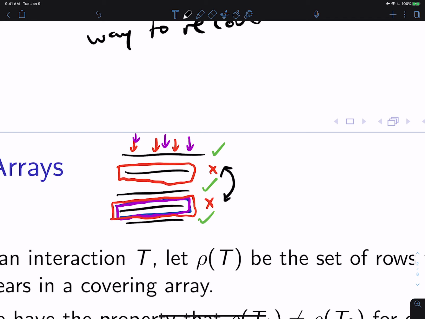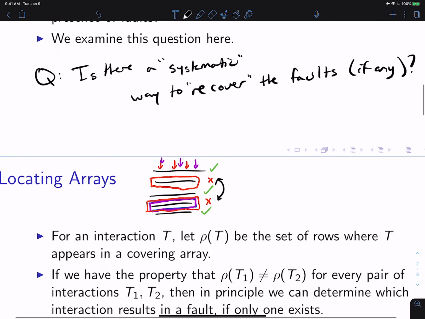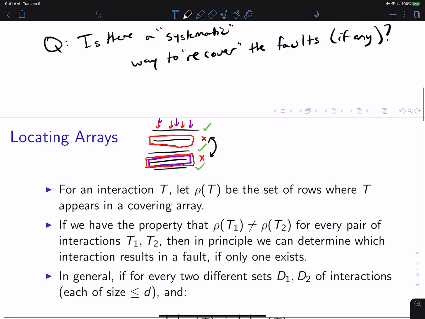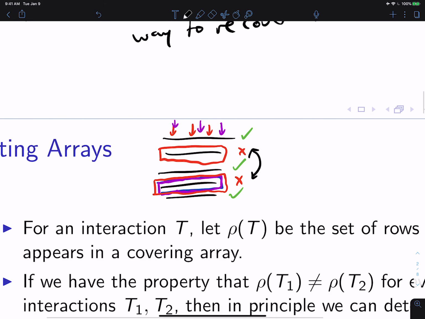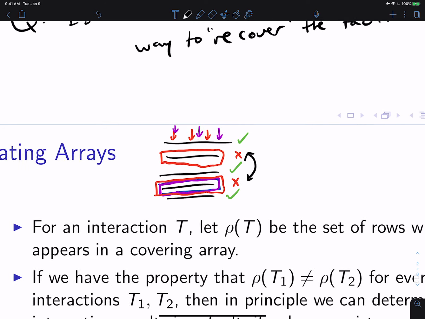Whereas the red one, if it's the only one to appear in rows 2 and 4, will be the interaction that causes the fault, or at least we have high confidence that we can assume it causes the fault because it appears only in the rows that the tests actually failed. So that's the motivation here. If we can guarantee that different sets of interactions appear in different sets of rows, then we could, in principle, determine which interactions cause the fault.